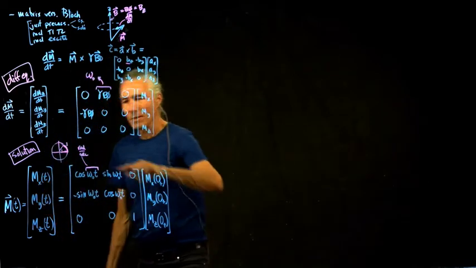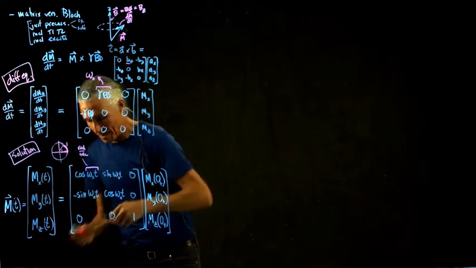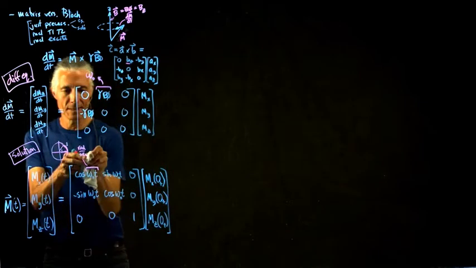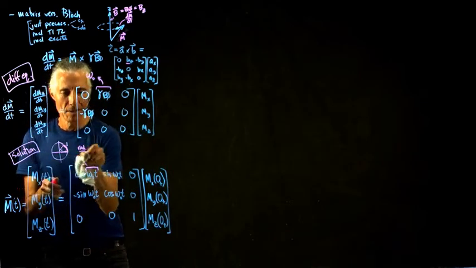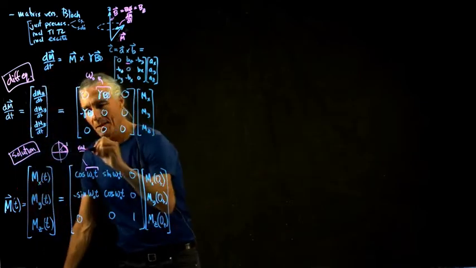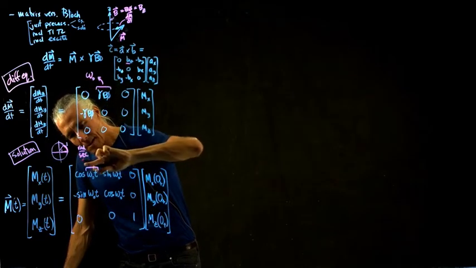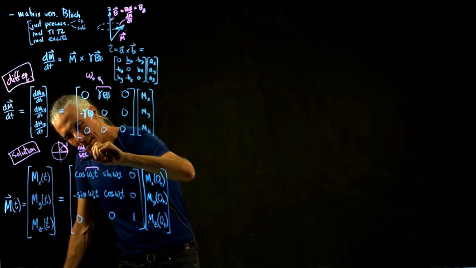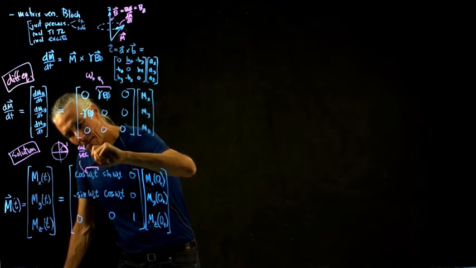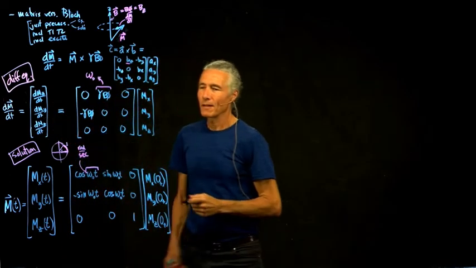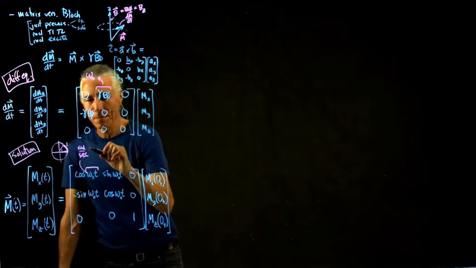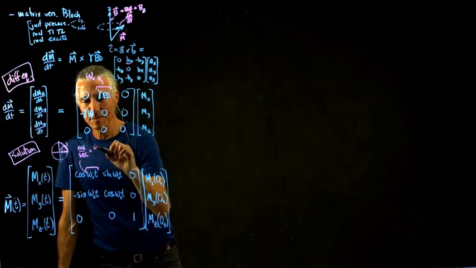That's what omega 0 is, radians per second. And then it's multiplied by time. And what's time? Well, time is seconds.